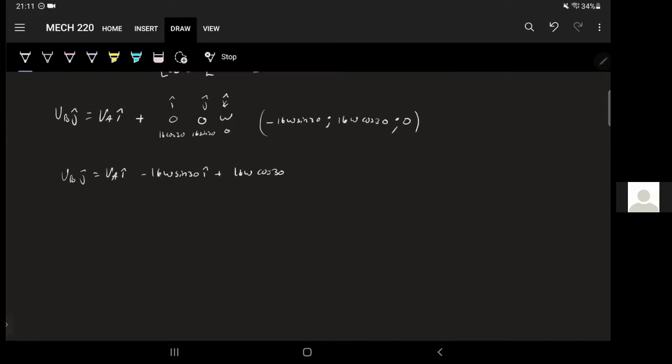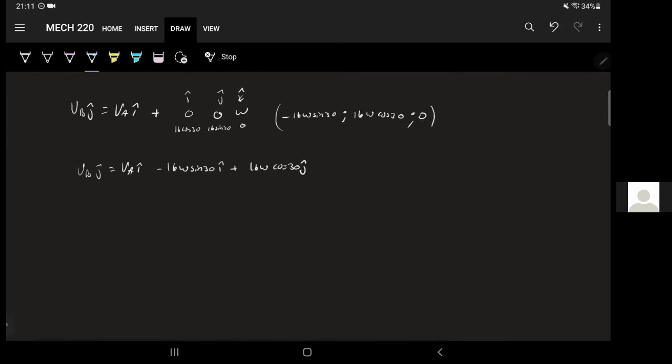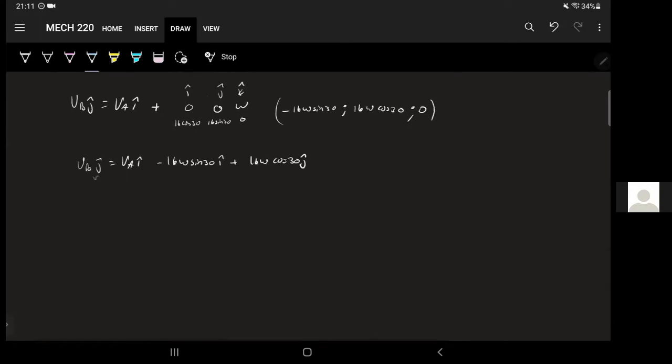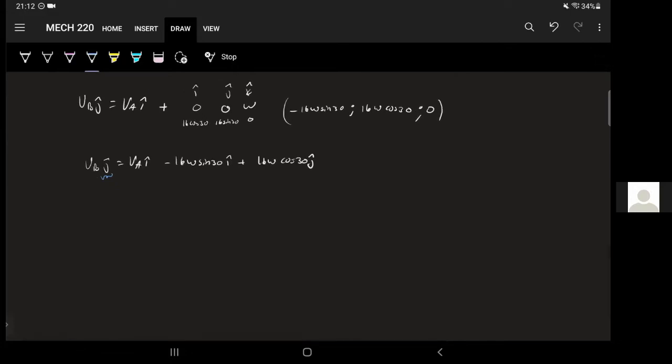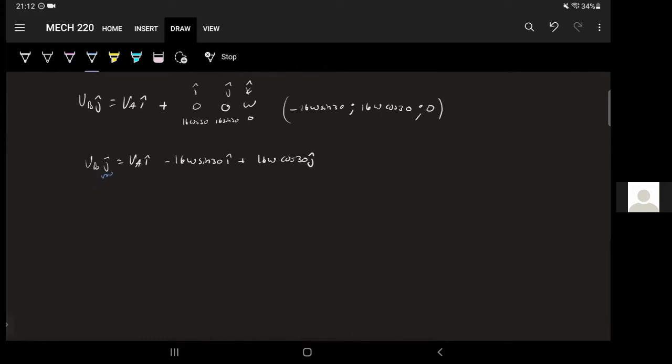Right? And basically, since we know that these are the vectors for the i and j axis, we know that they're linearly independent. So we know that if we want these to be equal, we can just make sure that all the numbers in front of j on one side of the equation are the same as the other side, right?